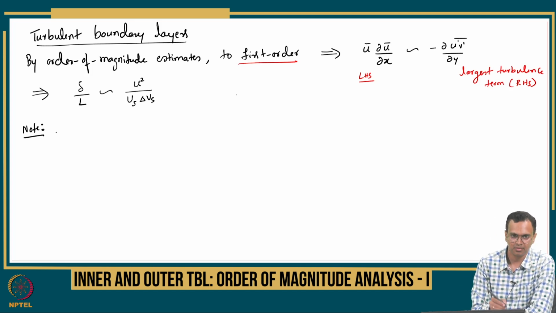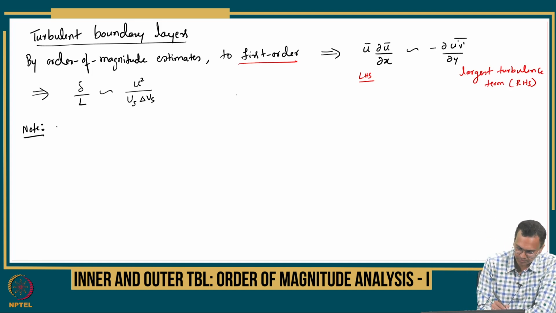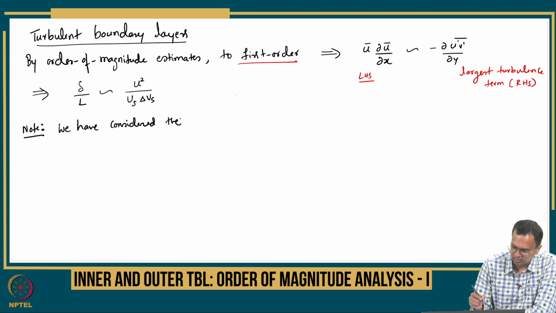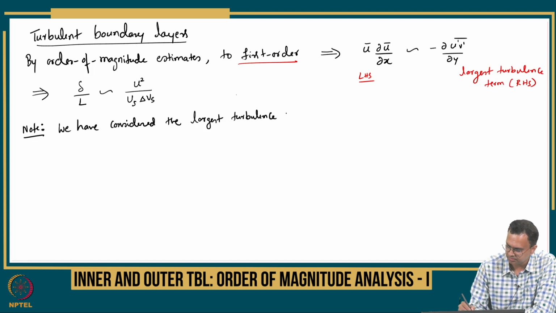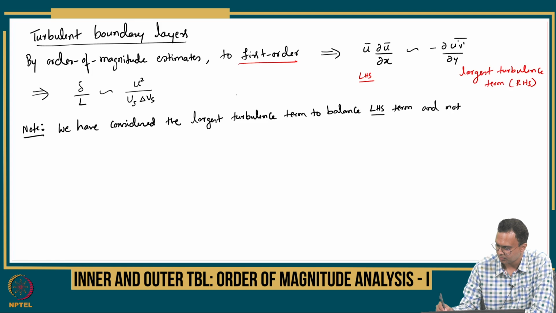So the first point that I want to make is that we have considered the largest turbulence term to balance the largest LHS term, and not the pressure gradient term.